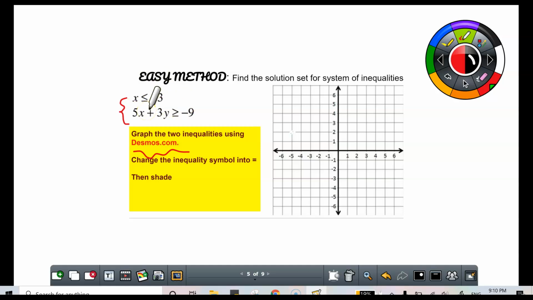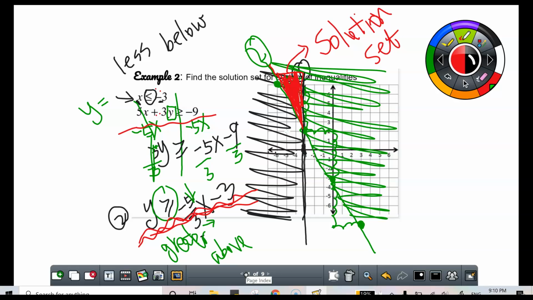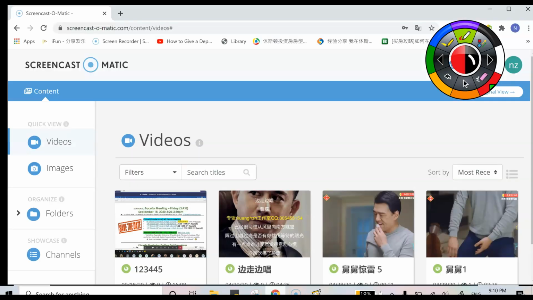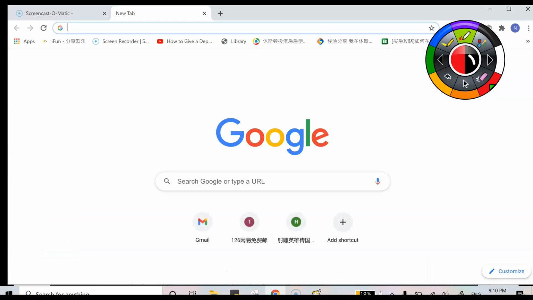Okay? So here we're doing the same inequalities, and let's graph it to see if we can have the same result here. Okay? So what you're going to do, you're going to graph the 2 inequalities, but you're going to change the inequality symbol into an equal sign when you plug it into Desmos.com. Okay? So first the equation x equals -3. Let's graph it. So let's open Desmos.